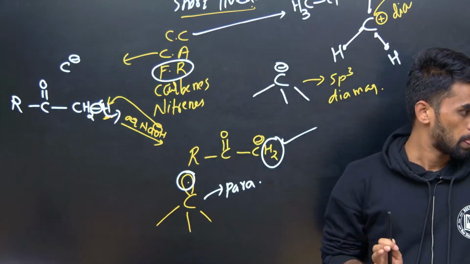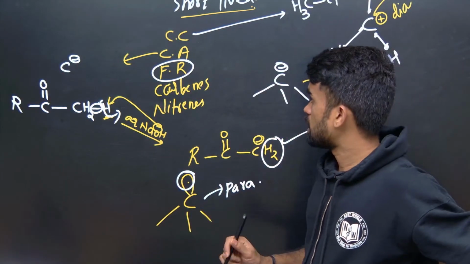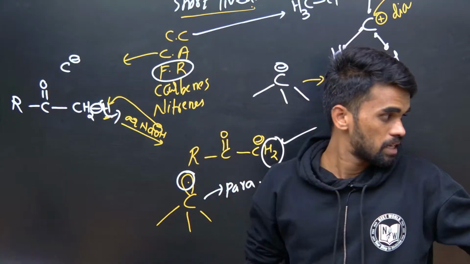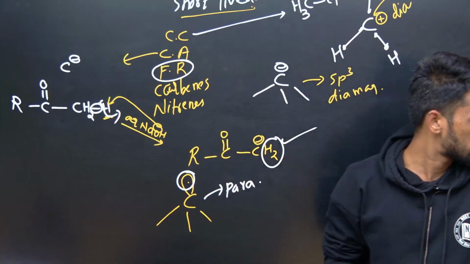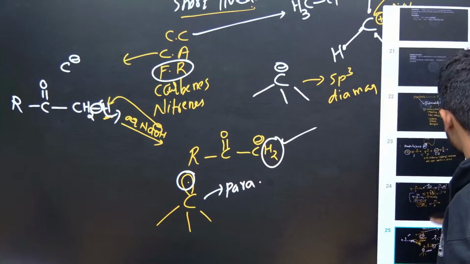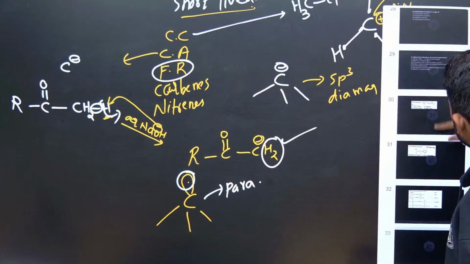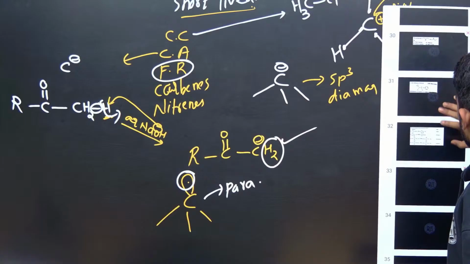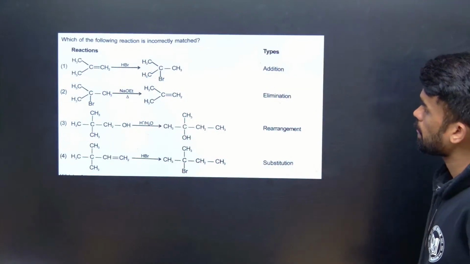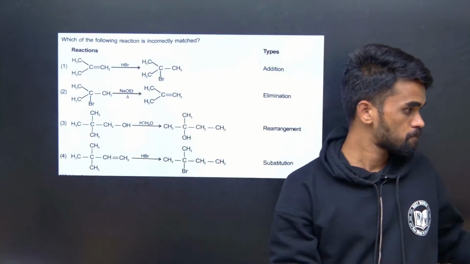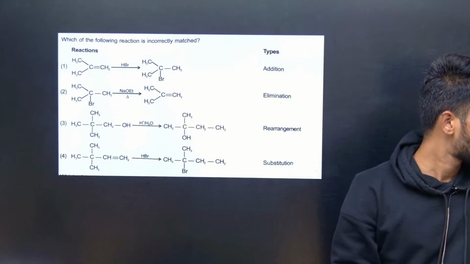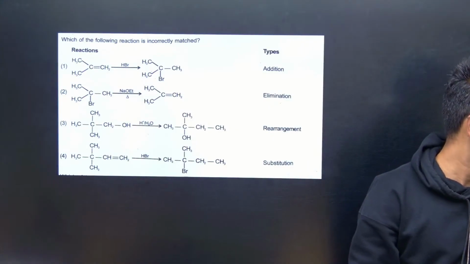That's it. This is about the intermediates. The remaining intermediates we will discuss in the classes. Next, let us do some questions. Yes, answer this question. You can try to answer that easily.